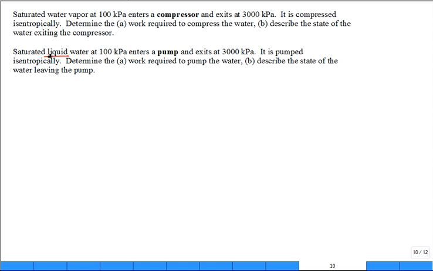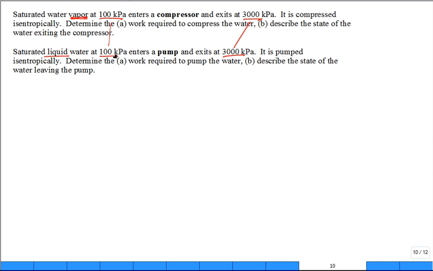Saturated liquid instead of saturated water vapor enters at 100 kPa and it now enters a pump, but the same pressure and the same pressure. See that? So a compressor to boost it from 100 to 3,000 or a pump to boost it from 100 to 3,000.